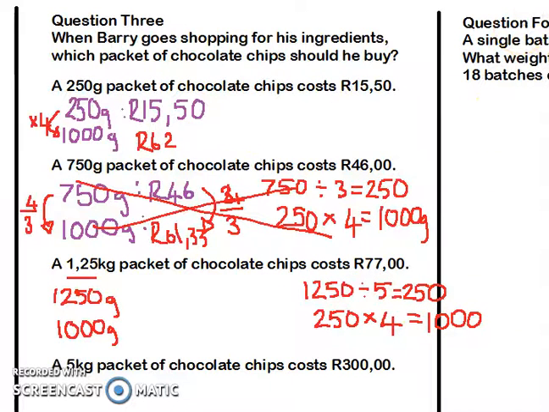In other words, I'm going to take that amount and multiply it by 4 over 5. Which means I take my price of 77 rand and I multiply it by the same amount.